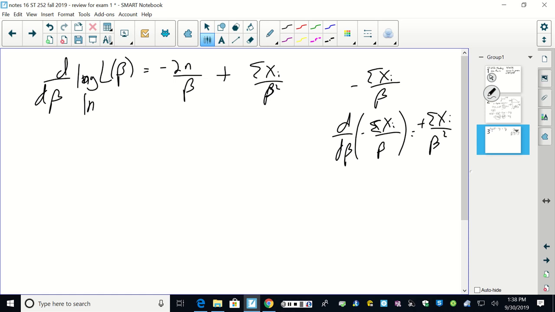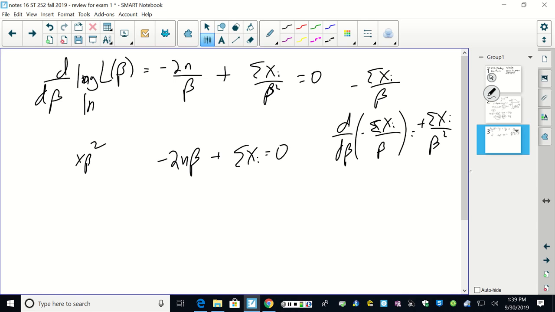And then set that thing equal to 0. When the parameter is in the denominator, you can multiply through by the parameter or the parameter squared, and that's a quick way to get it out of there. So if you multiply by beta squared, this would be -2n beta, and the beta squared would cancel that one, equals 0.